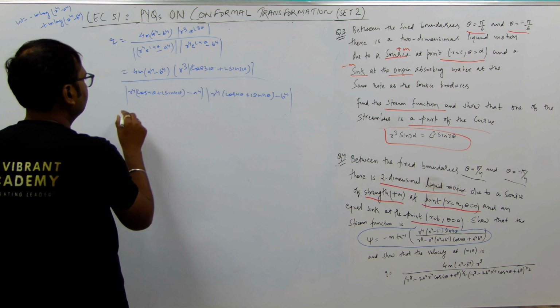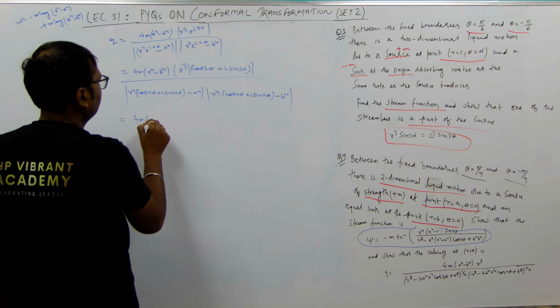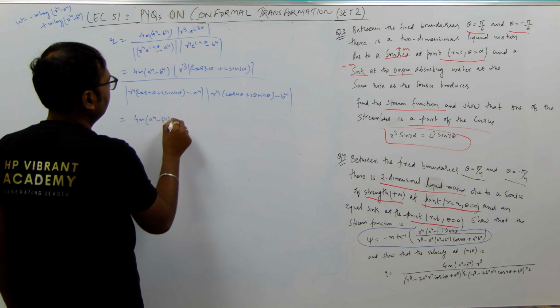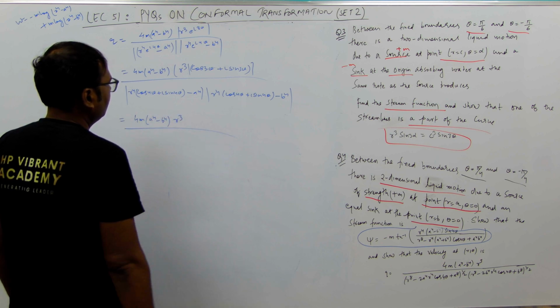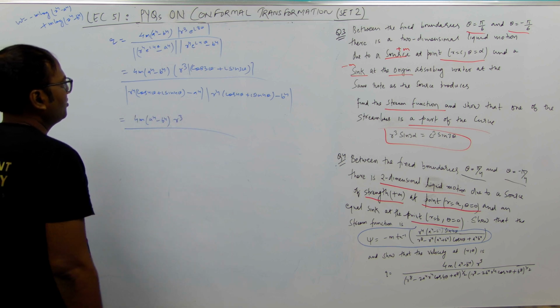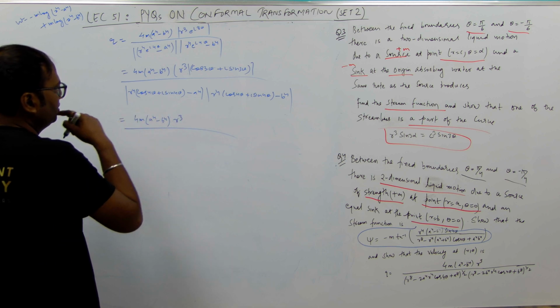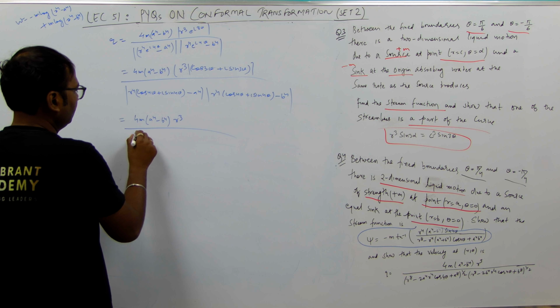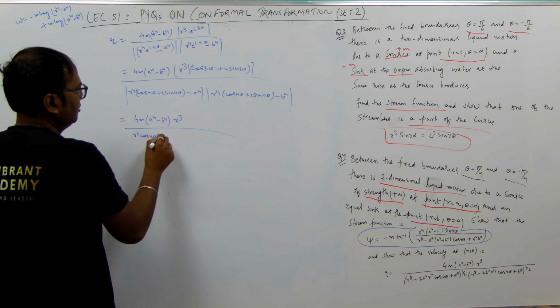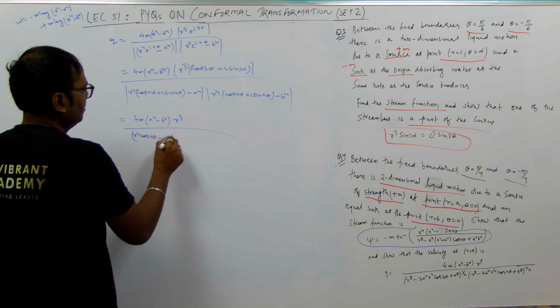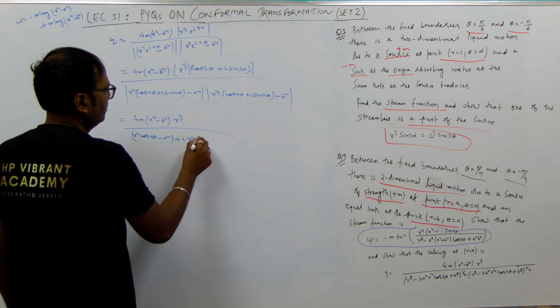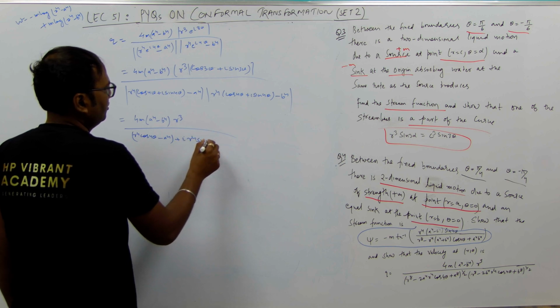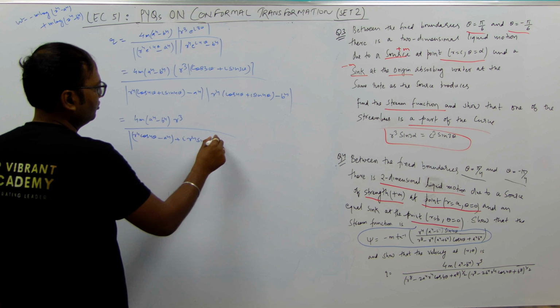Let us write down the real part and imaginary part separately: r^4 cos 4 theta - a^4 plus i r^4 sin 4 theta, this is mod.